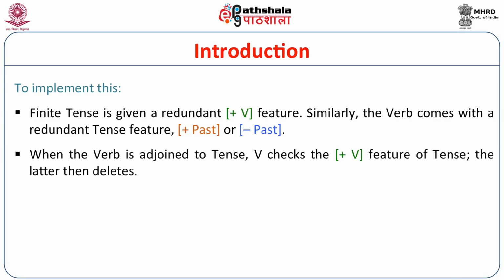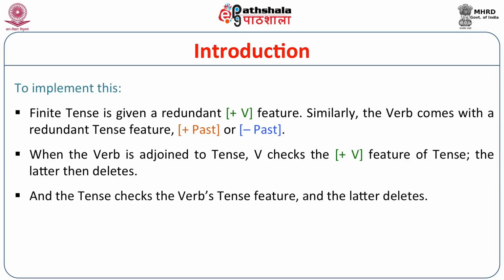When the verb raises and adjoins to tense, the verb checks the plus V feature of tense and deletes it, because it is a redundant feature. And the tense checks and deletes the plus past or minus past feature of the verb, because there again it is a redundant feature.